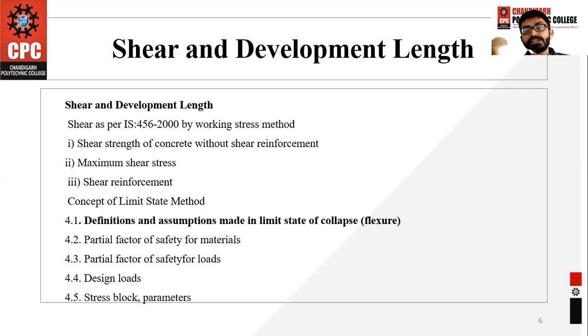And rest, if I talk about the grade of the concrete, I am telling you all these things as per the IS 456 2000 code booklet only. The grade of the concrete starts from M5 to M80 as per your IS 456 2000 code. Okay, so that is also written over there, IS 456 2000 code booklet.